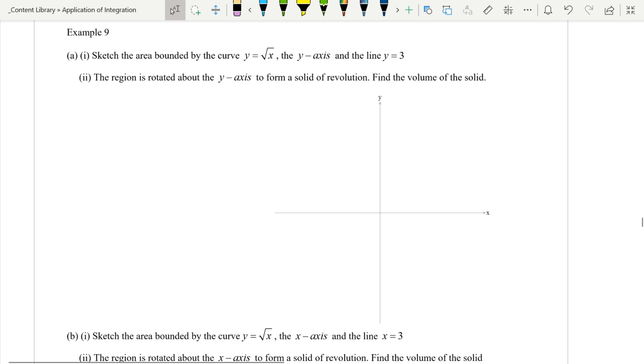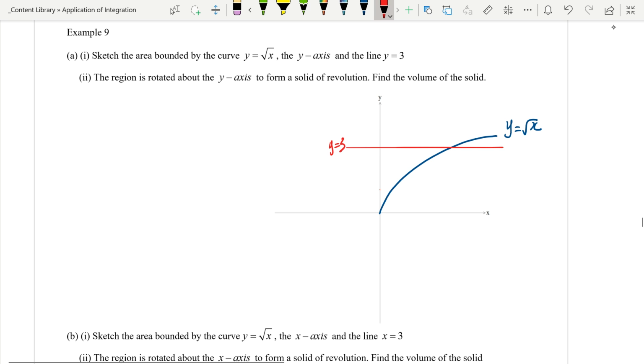Sketch the area bound by the graph y equals root x, bound by the y-axis and the line y equals 3. Okay, so we have y equals root x, and we have the line y equals 3, and the y-axis.